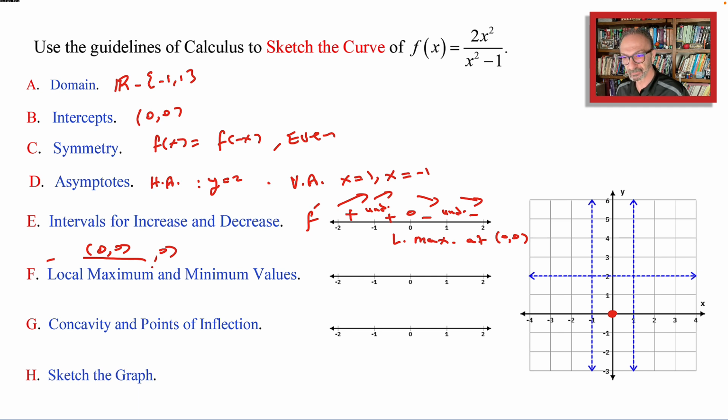Concavity and points of inflection. We found that the graph is concave up on the left of -1 and concave up on the right of +1 and concave down between -1 and 1.